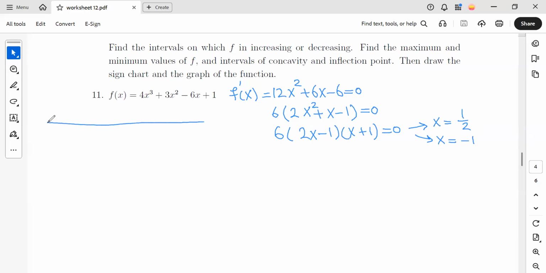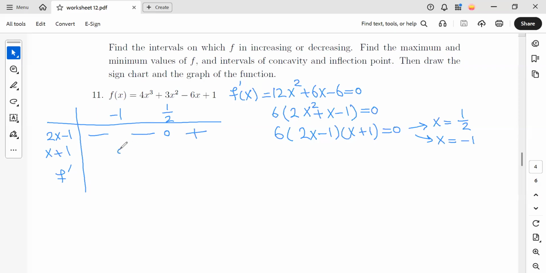We can have the sign chart for f prime. We can write 2x minus 1 and x plus 1. We don't have to write 6 because 6 doesn't make any changes. So the numbers in order will be negative 1 and 1 over 2. For the first one, 2x minus 1, this one is 0 at 1 over 2, so the left part is negative and the right part is positive.